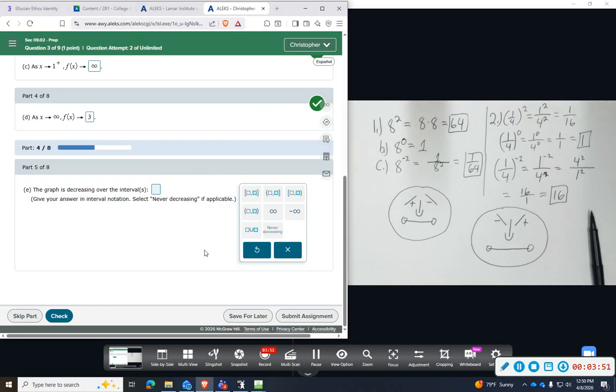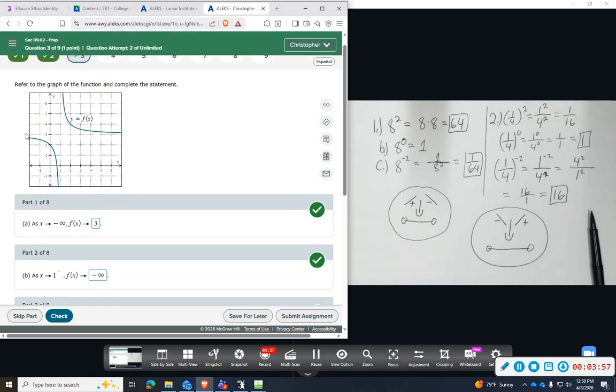So again, reading left to right, when is the graph decreasing? So we're going to see if it's decreasing. The graph, as I go from left to right, is going down. Over here is also going down. Because even though I say it's going up as I'm going from the right, we always read from left to right. We start reading from here and go left to right.